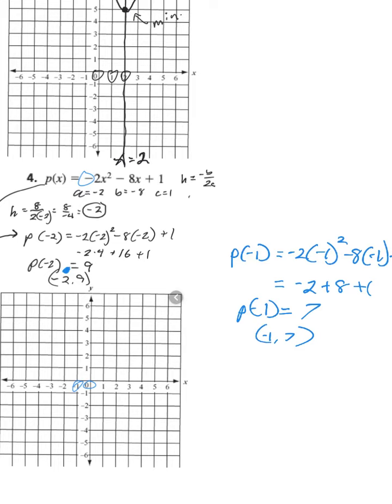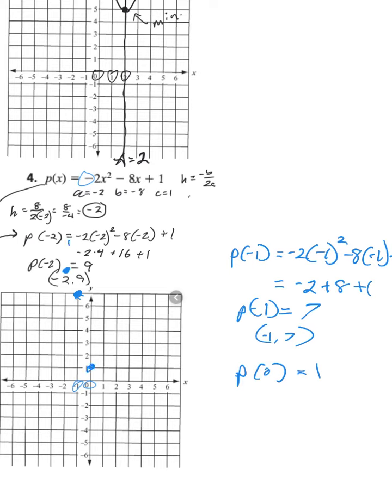And now I'm going to plug in the value 0. P of 0, believe it or not, is equal to 1. I did that very quickly. Why? Because all those other terms just drop out. So anyway, even though my vertex is in outer space, I can graph these points. So I got negative 1, 7, and 0, 1.